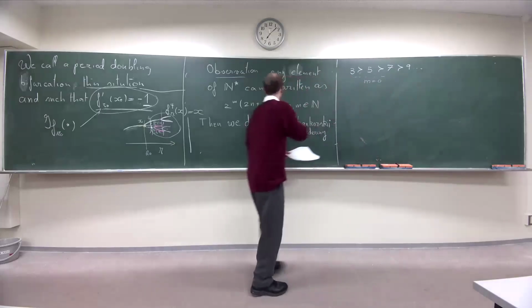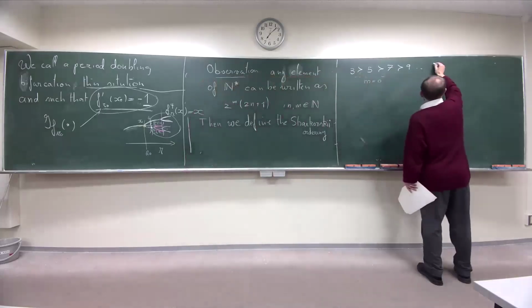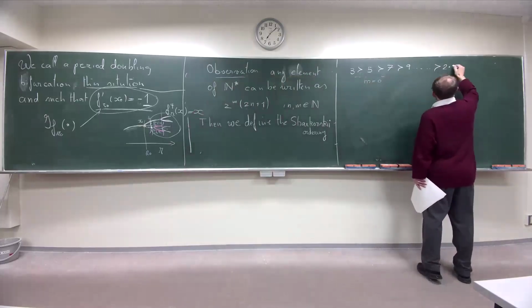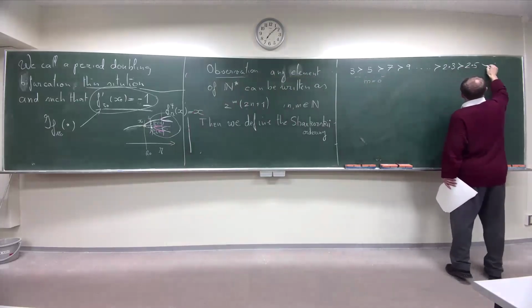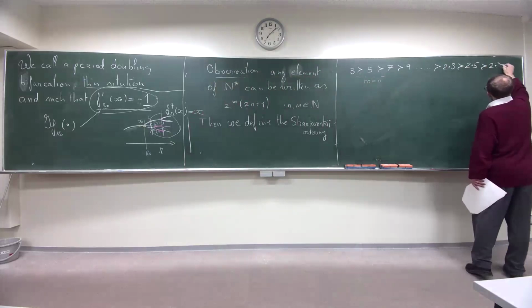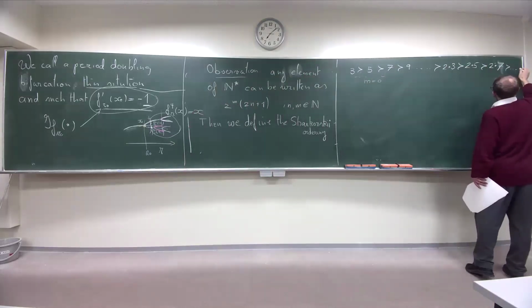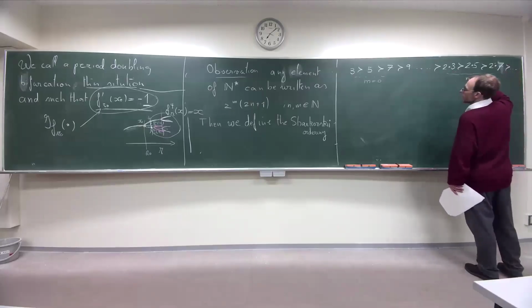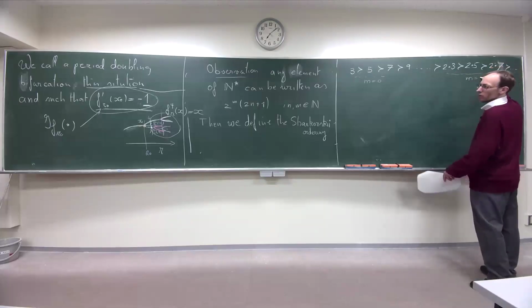And then I put all these numbers, and I can continue to infinity. And then I consider 2 times 3, 2 times 5, 2 times 7. And you continue this. And you observe that these numbers are for m equal to 1.